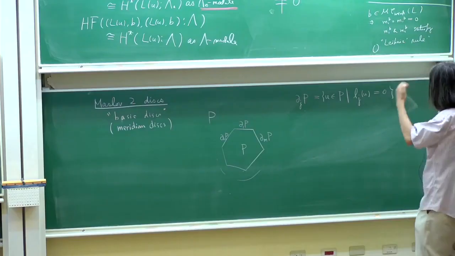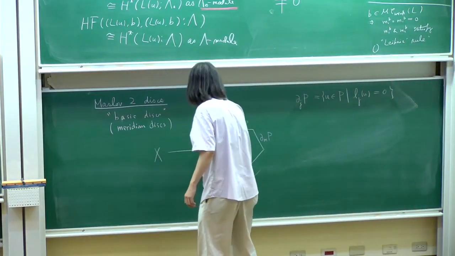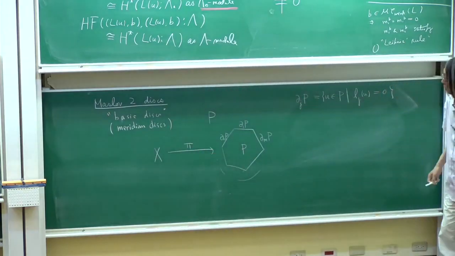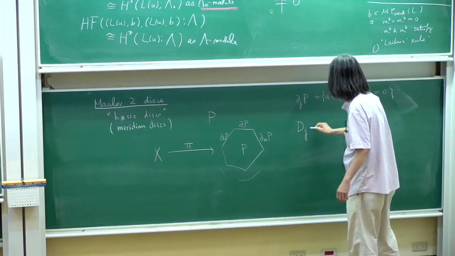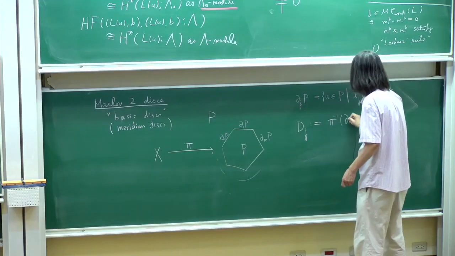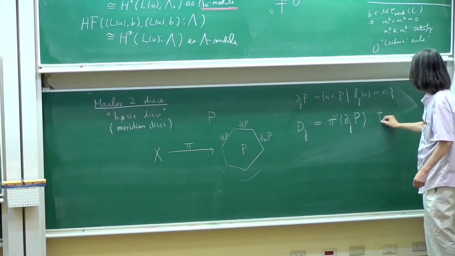And so then I have a manifold X here, and here I have pi. And therefore we can have Dj, pi inverse of DjP. So this is actually a divisor. This is a toric divisor.